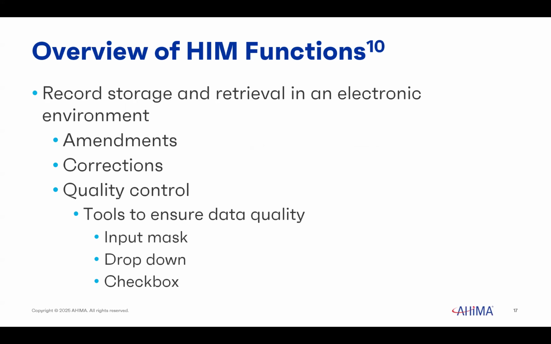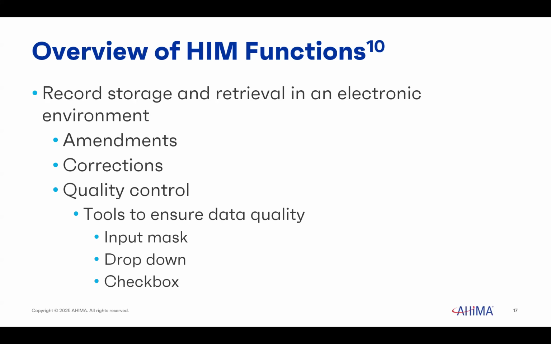One of the things that we see in both electronic records and paper records is how we deal with amendments or addendums, how we do corrections. Back in the paper record era, the provider would draw a line through the text that they wanted to addend, initial it, and date it.